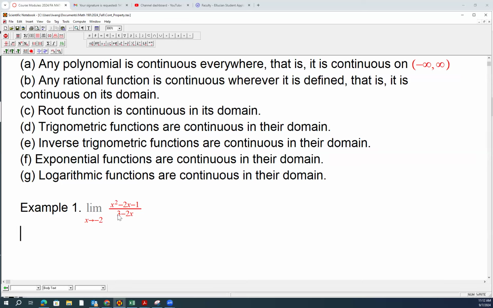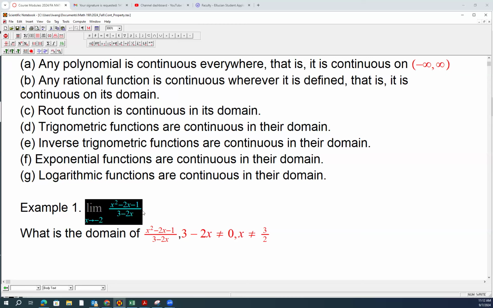So what is the domain of this function? The denominator is 3 minus 2x, and as long as the denominator is not 0, we know how to find this domain. So 3 minus 2x should not be 0, and as a result, x cannot be 3/2. And obviously, -2 is in the domain.